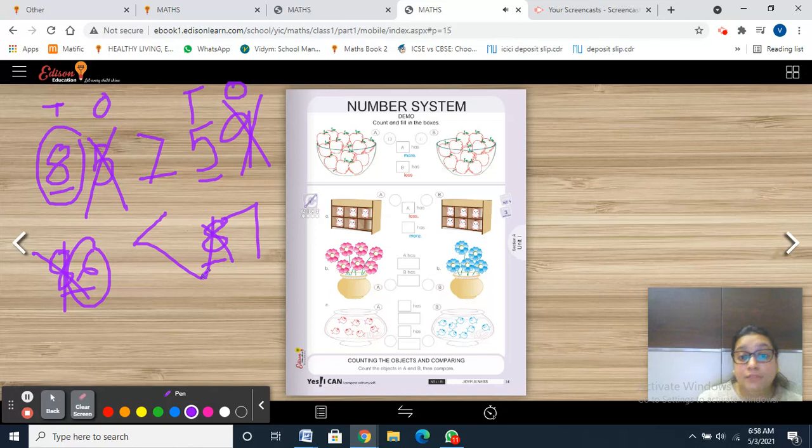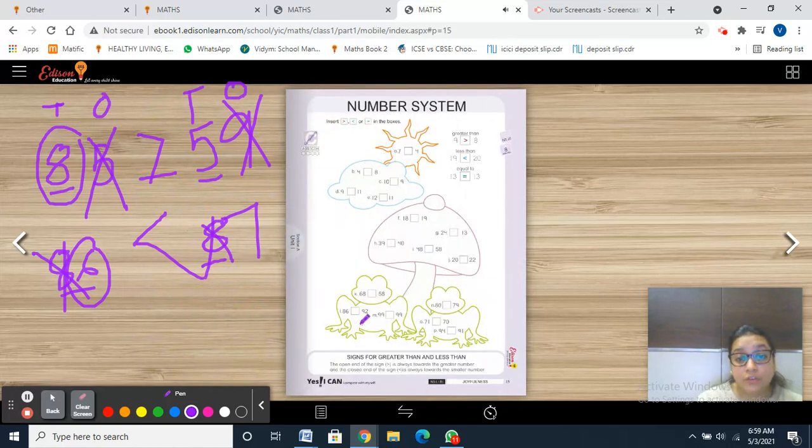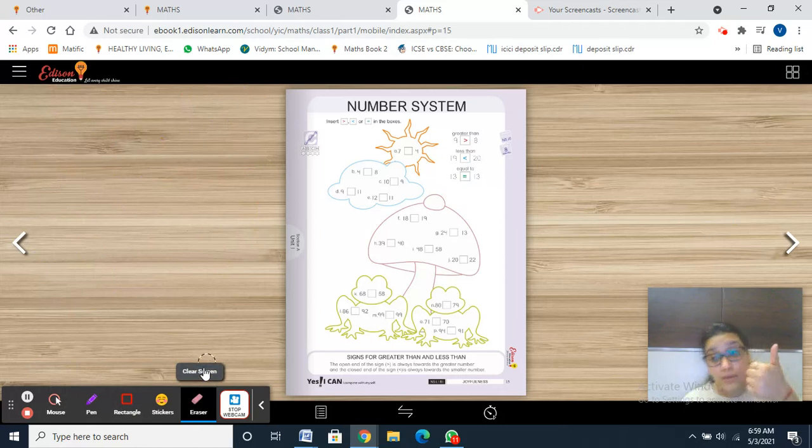Then we have, here few of you have done it wrong. You have taken 68, 58. So 68 will be the bigger number. 86, 92. 8 and 9. 92 will be the greater number. Getting this point? Okay.